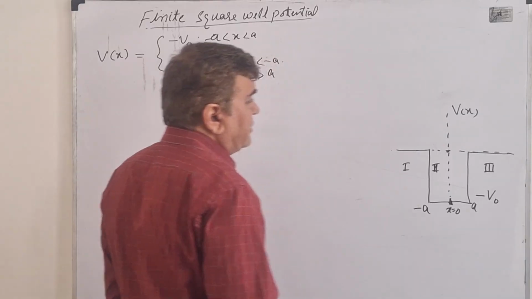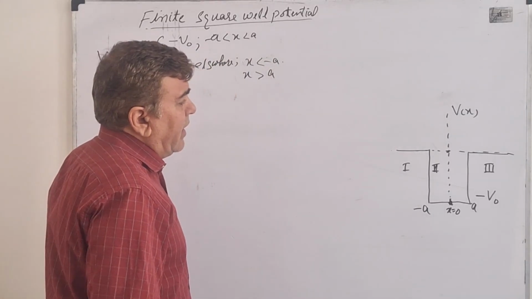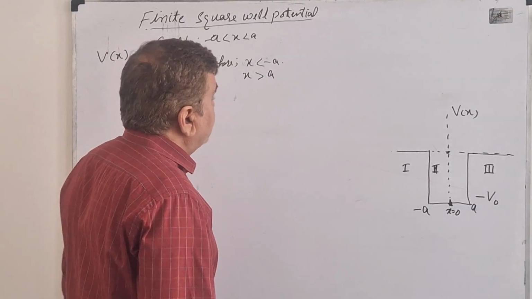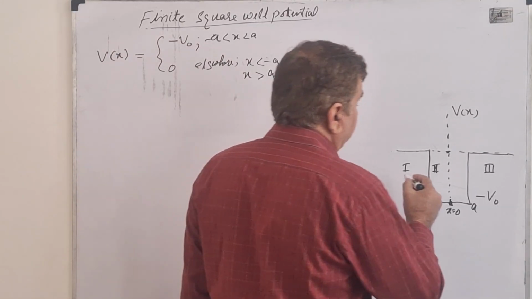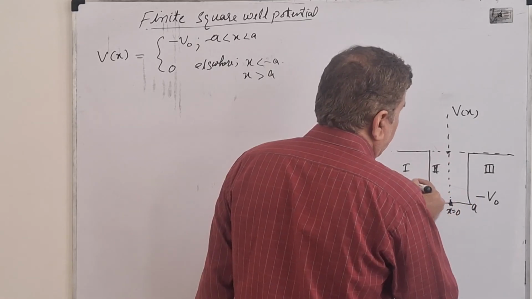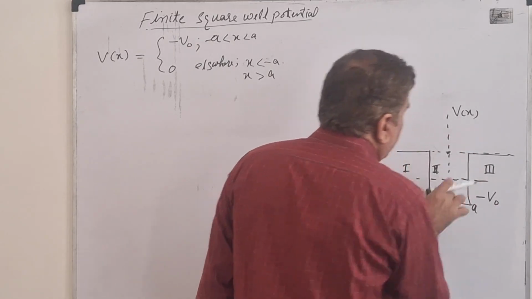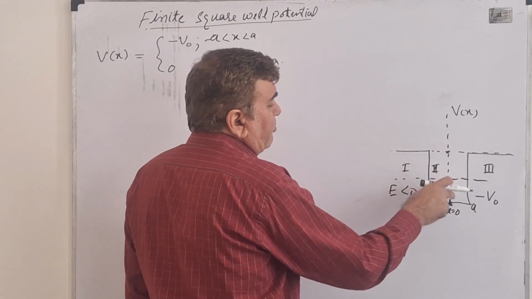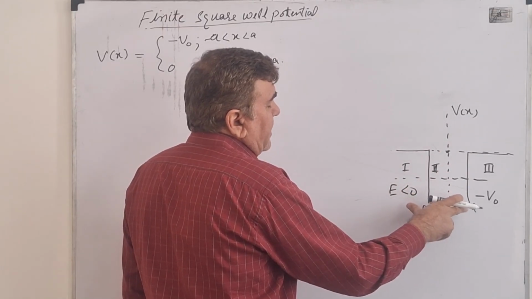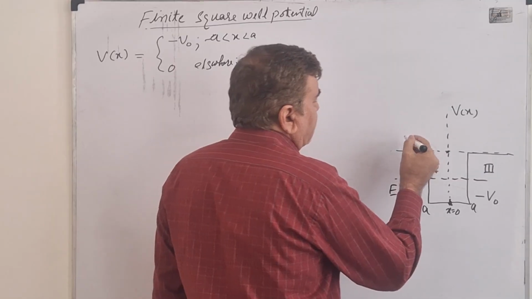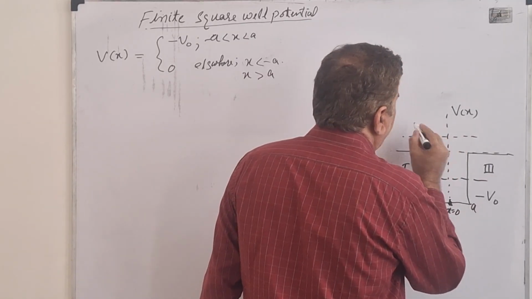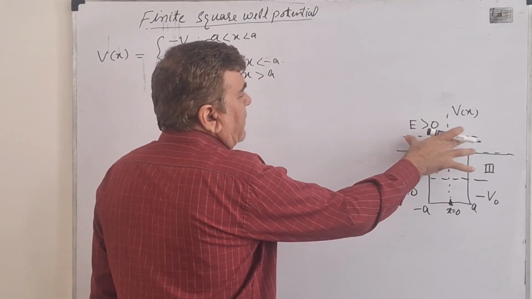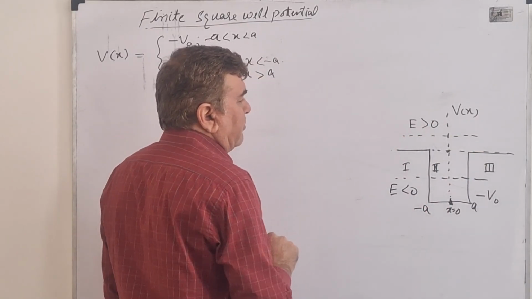If we look into this situation, we have two different types of problem. If the total energy of the particle is less than 0, that is E less than 0, then obviously this is a bound particle. If the total energy of the particle is positive, that is, E greater than 0, then this is a scattering problem.